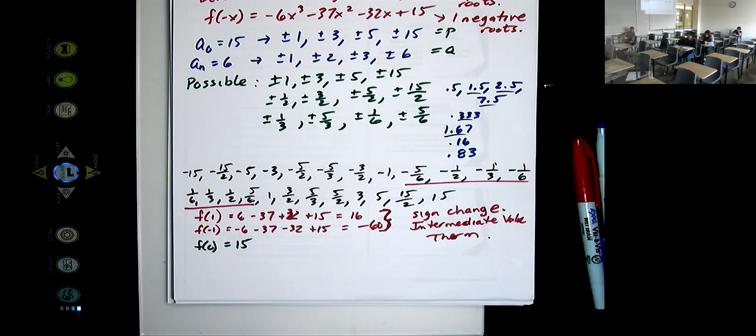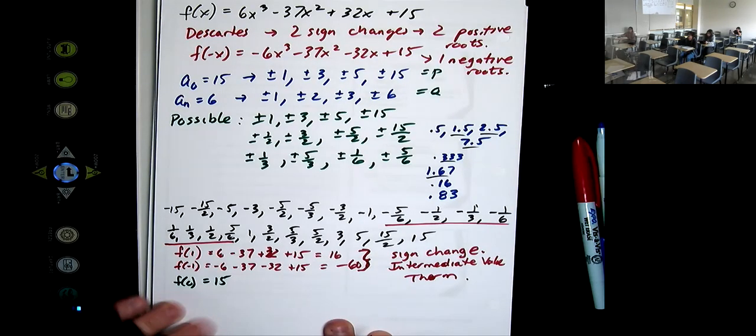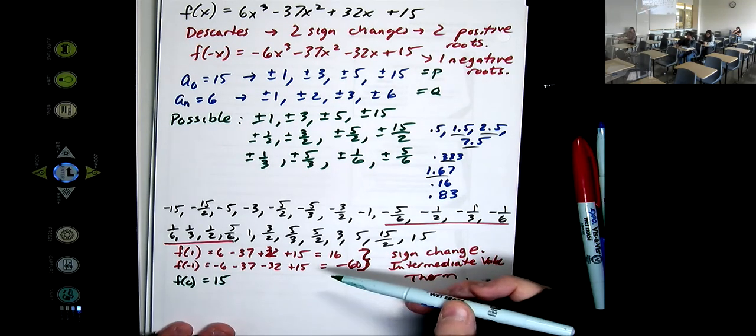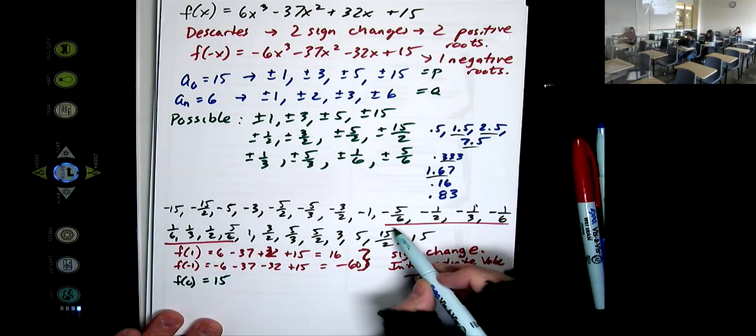Positive 32. Plugging in positive one? If I stick in f of 0, I get 15, which means there's actually a root between 0 and -1.